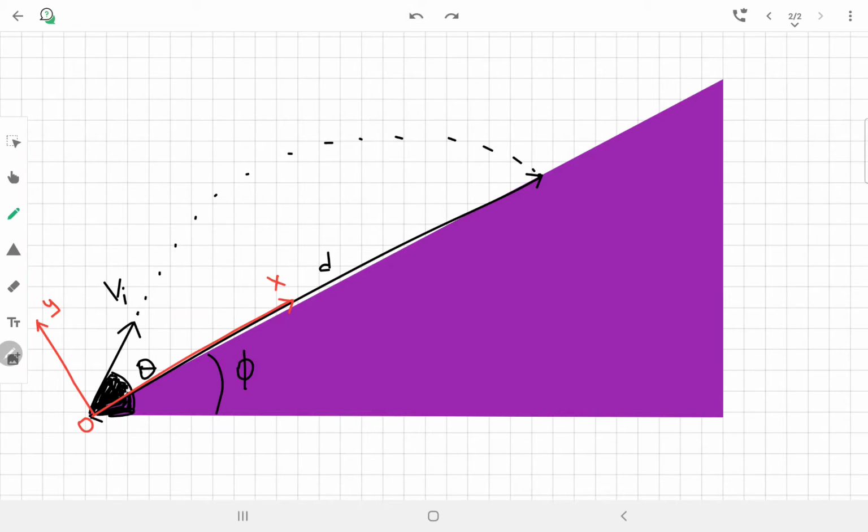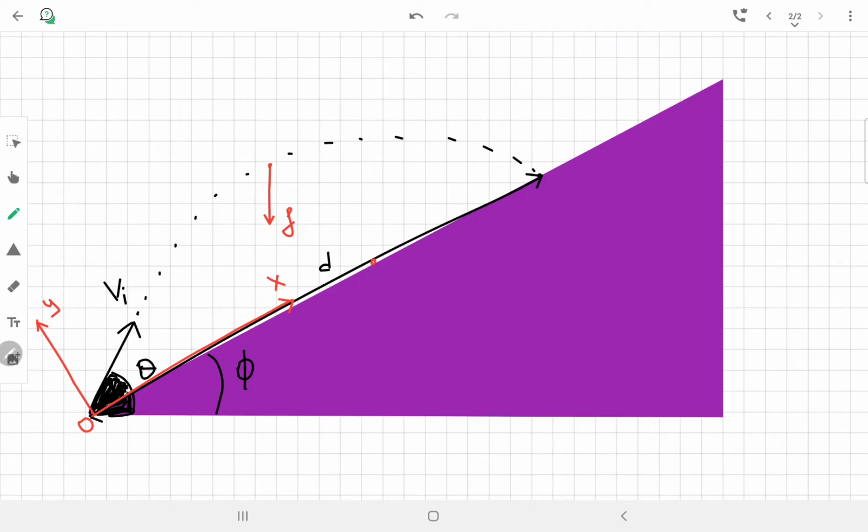Now let's write some equations. Before writing equations, we need to write the gravity acceleration in terms of components, because our x and y axes are rotated by phi basically. So here we have gravity, which is exactly vertical, but it's not vertical according to our new axes, x and y.